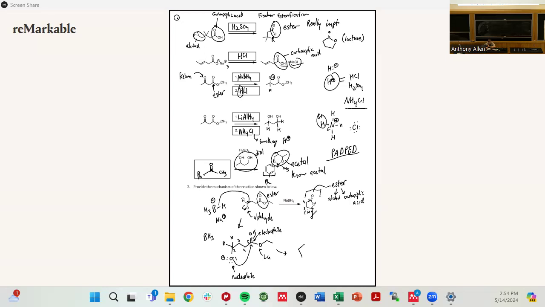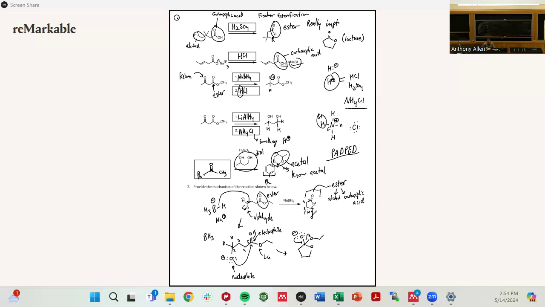So we can draw out a new ring. Now, if I want to reform a carbonyl, how do I do that? I have to take one of these lone pairs and make it a what? Double bond. If I make a double bond, though, what has to happen? You have to break the CO bond.